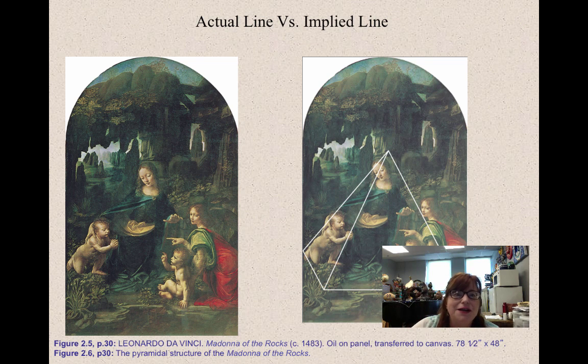A lot of things in the Da Vinci Code are incorrect, but one of the things that they are correct about is he liked to use this triangle or pyramid shape quite a lot to create his compositions. And you can see from the top of the head of the Virgin Mary, you could draw a line going down from her head along her arm to the baby Jesus.